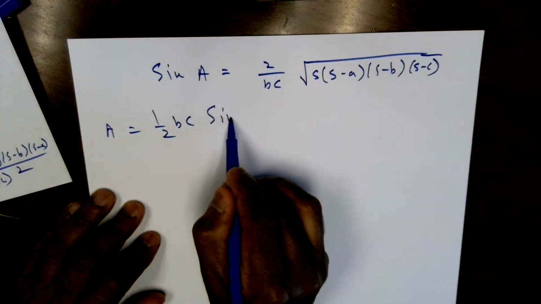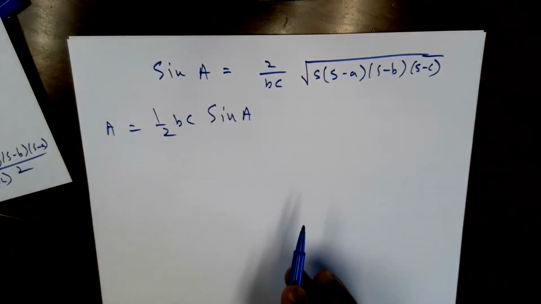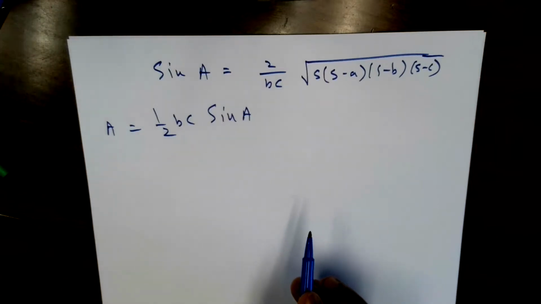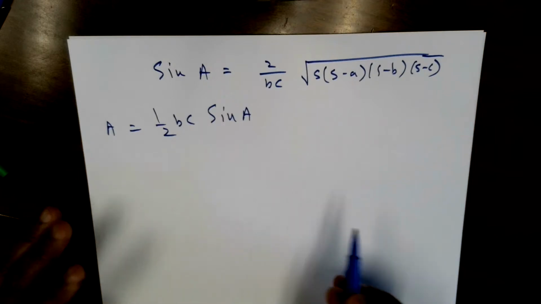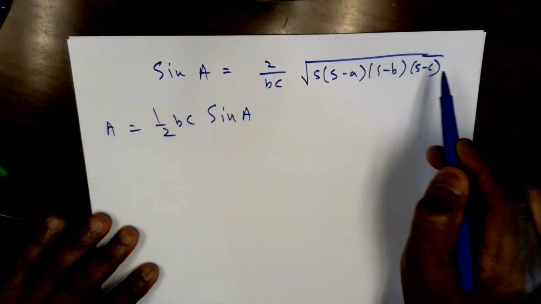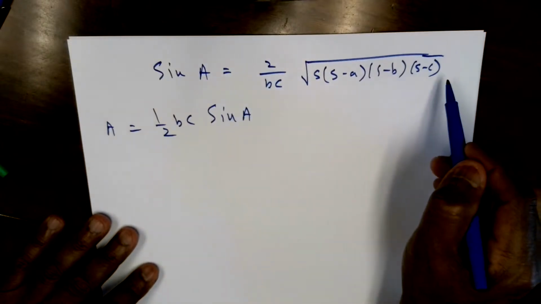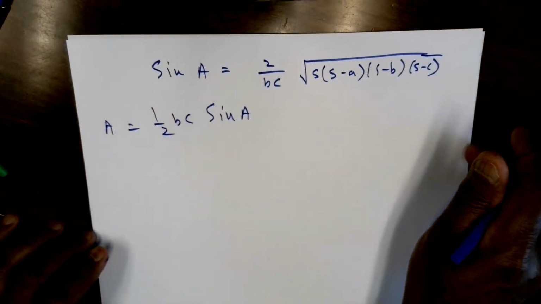But more importantly, we have all these relations. So notice that sin A we have in terms of, again, the sides a, b, c.